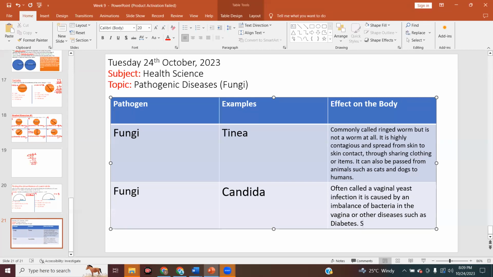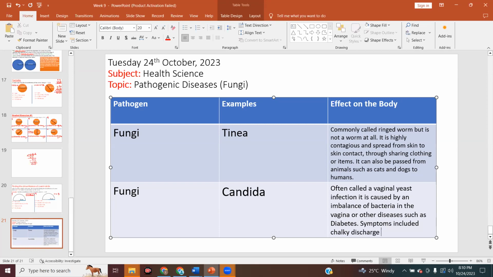Now the symptoms that categorize candida are a chalky discharge from the particular area.